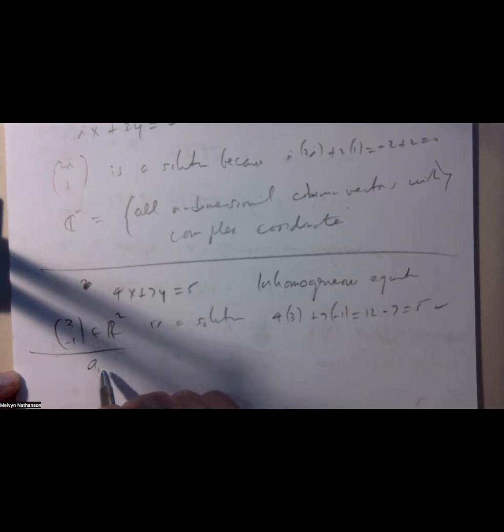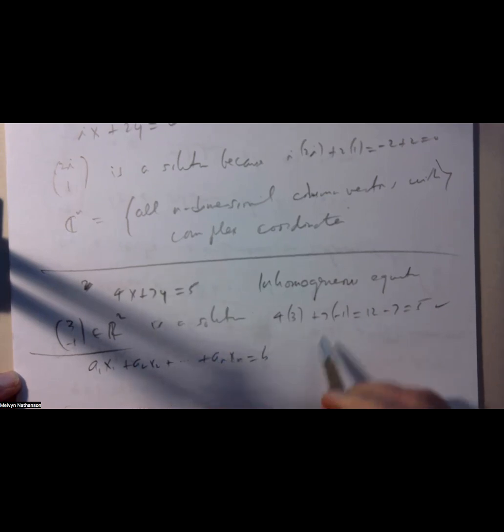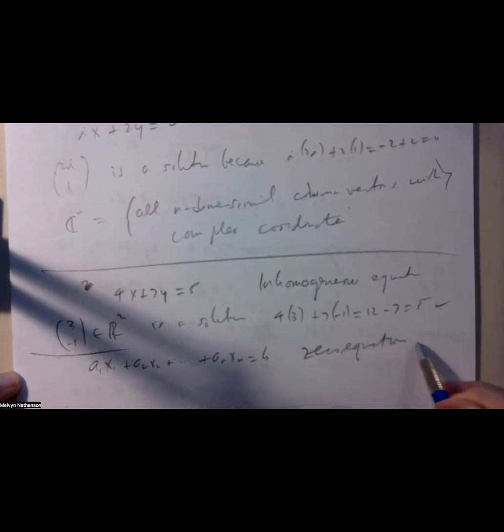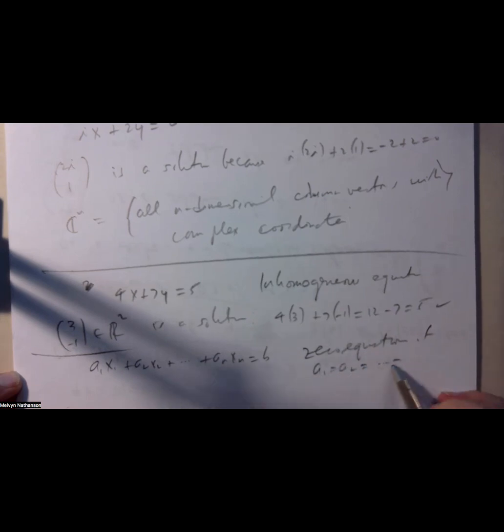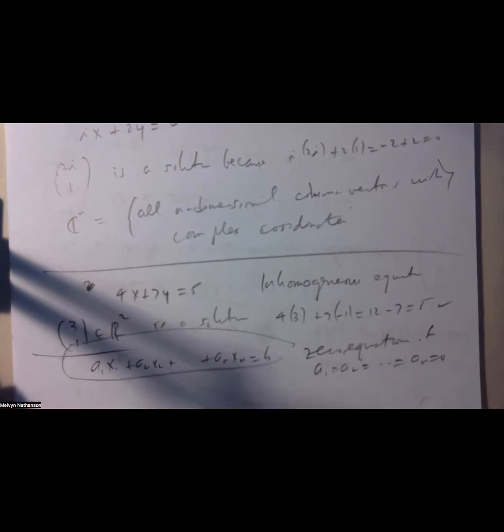If you have a linear equation in n variables and all of the a's are zero, this is called the zero equation. That's always kind of a weird special case. And the equation is non-zero if ai is not zero for at least one i.